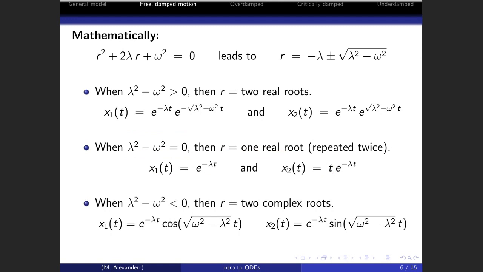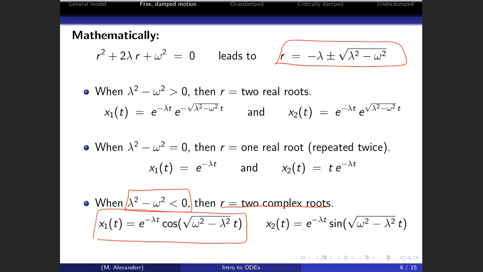Now the third case is whenever the discriminant is negative, and that's going to give you two complex values for your R number. In that situation, we don't want to deal with complex exponential functions, so we change them into cosines and sines. This is what we have. So these are the formulas for the two linearly independent solutions.